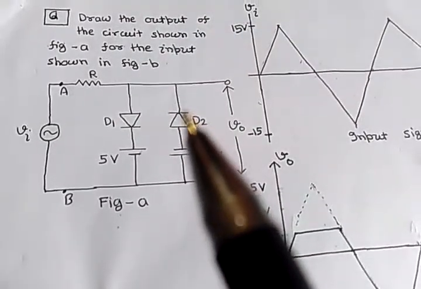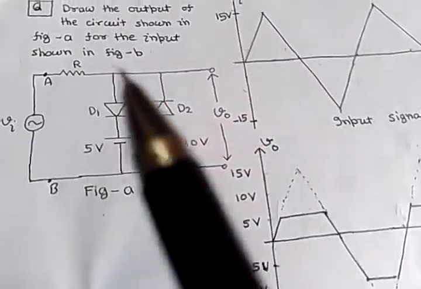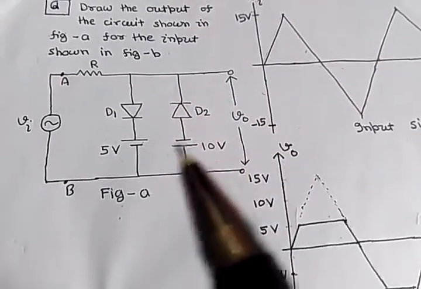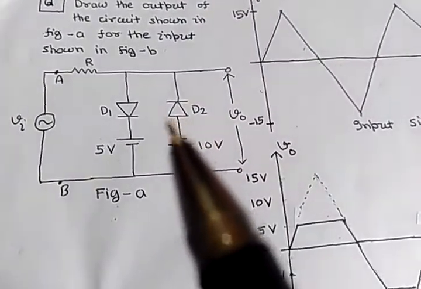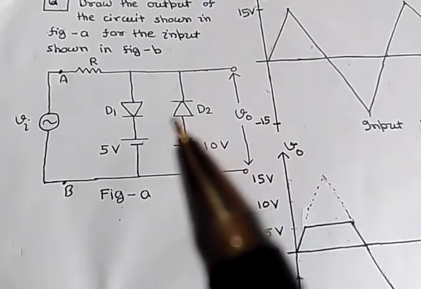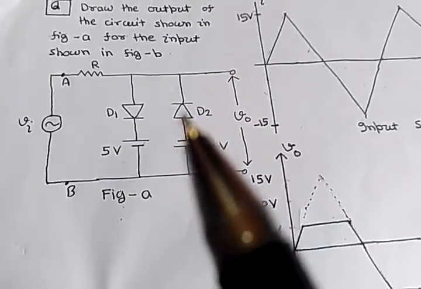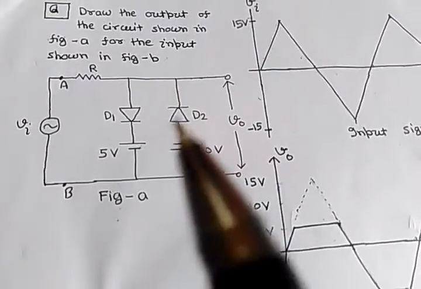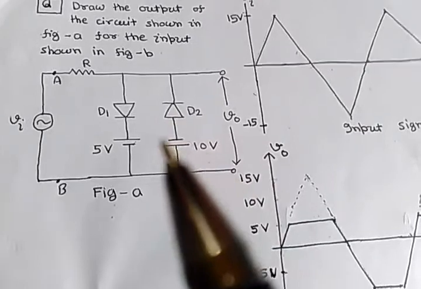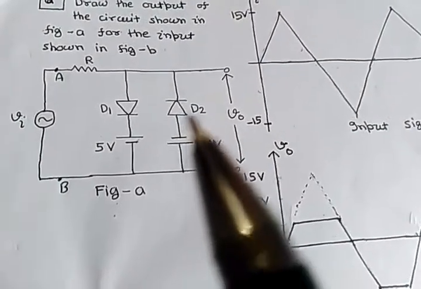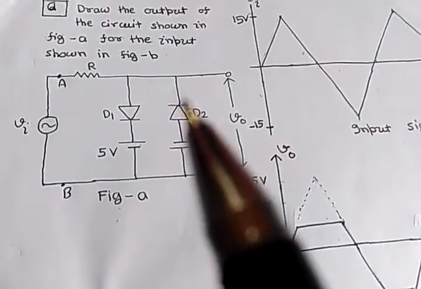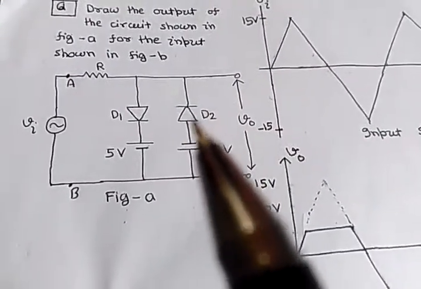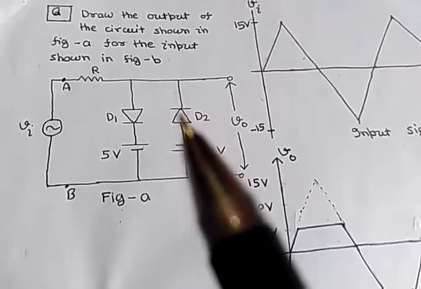Here it means the N region is at minus 8 volt and the P region is at minus 10 volt. It means the P region is at lower voltage than the N region. So when the input signal in the negative direction is less than minus 10 volt, the N region will be at higher voltage level than the P region and diode D2 will be reverse biased.